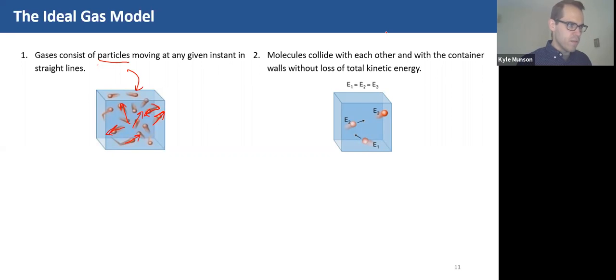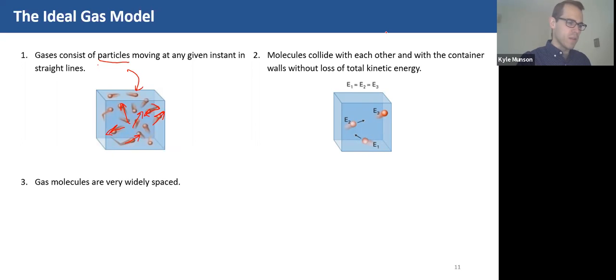Third feature of this model is that these gas molecules are widely spaced apart. The cartoon is probably not illustrating this as well as it could, but from the perspective of a gas molecule, they're really far apart.